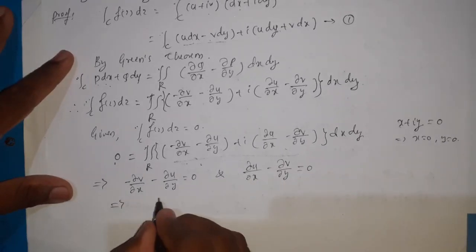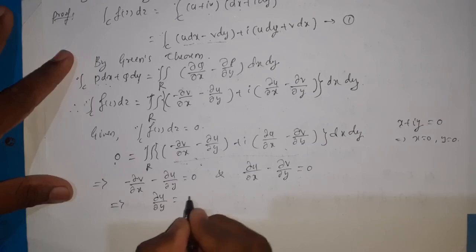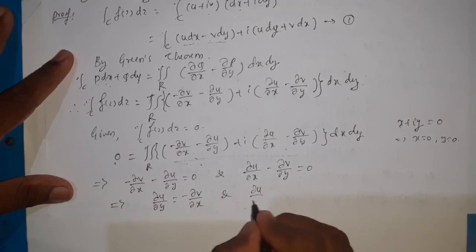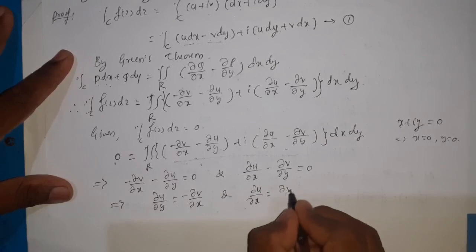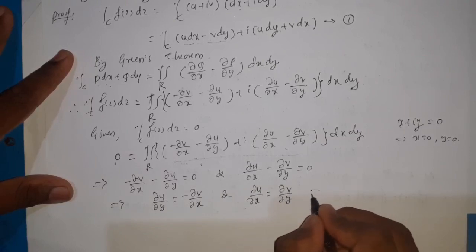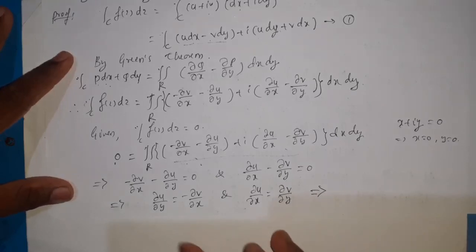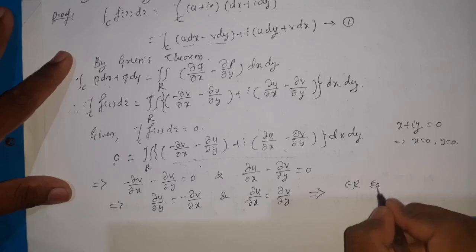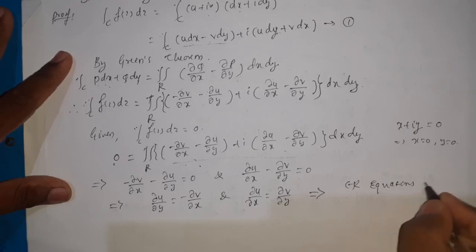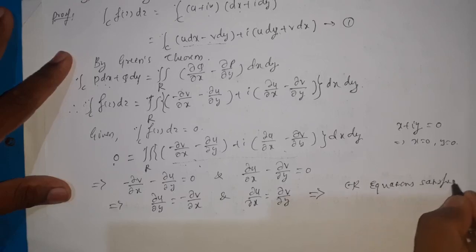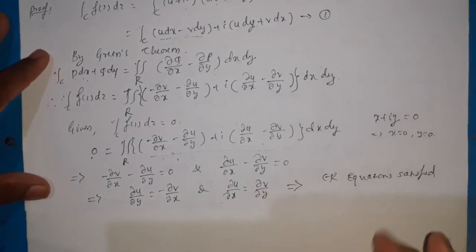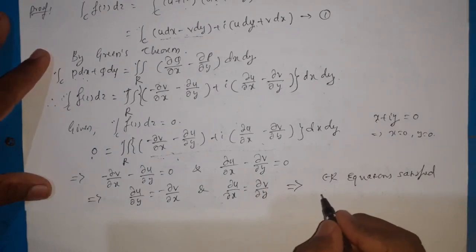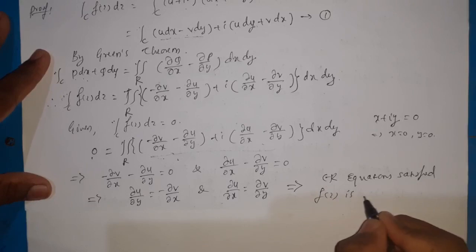So it implies dou u by dou y equal to minus dou v by dou x, and dou u by dou x equal to dou v by dou y. So it implies that the CR equations are satisfied. If the CR equations are satisfied, then we can say that f of z is analytic.